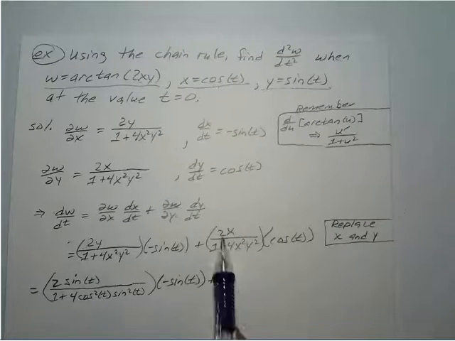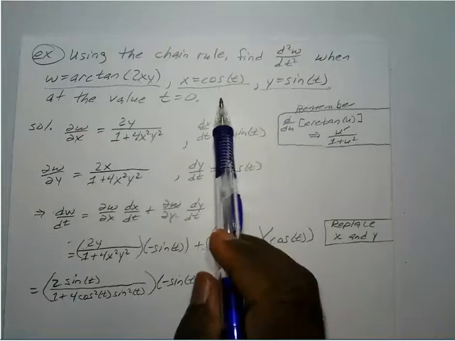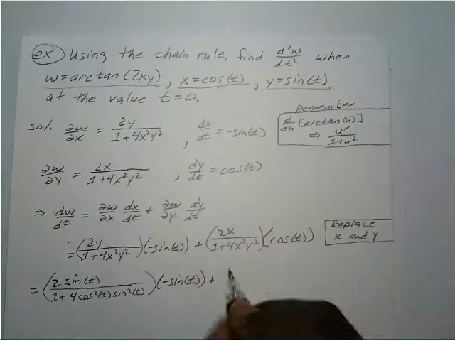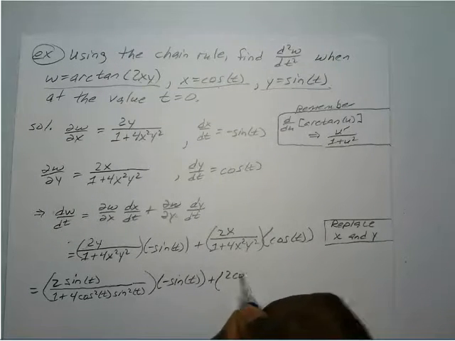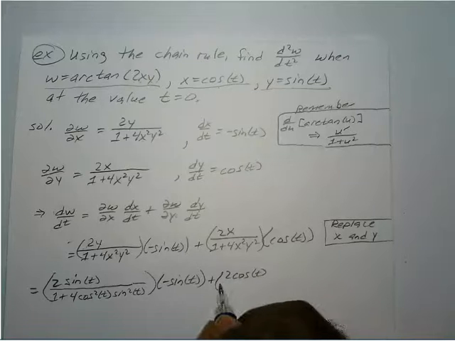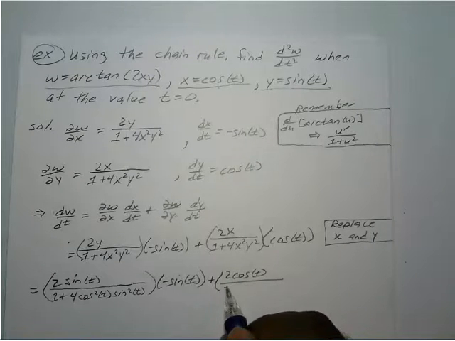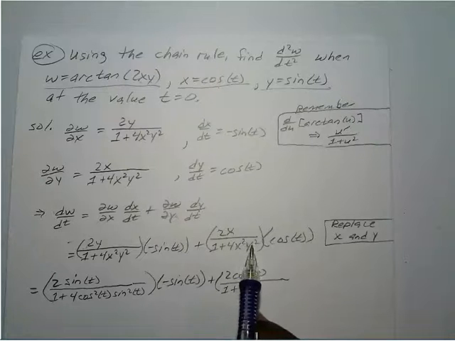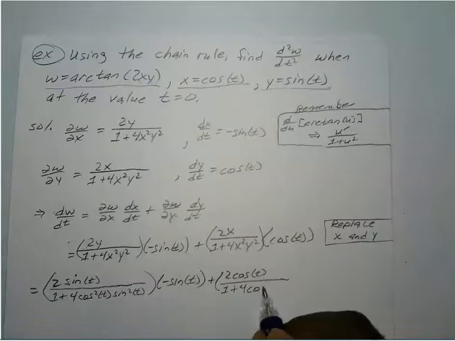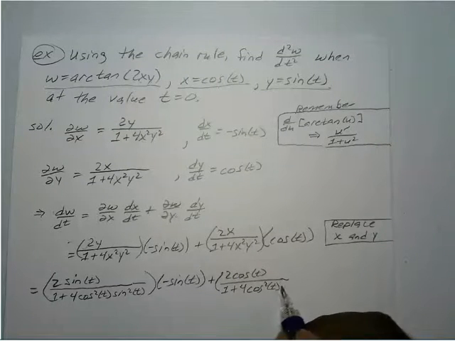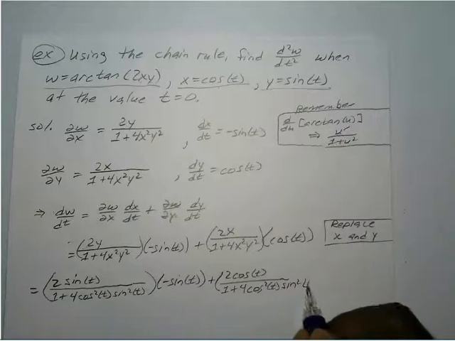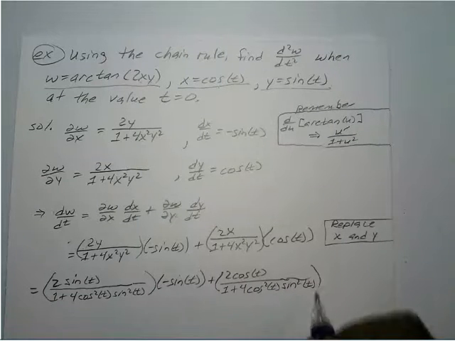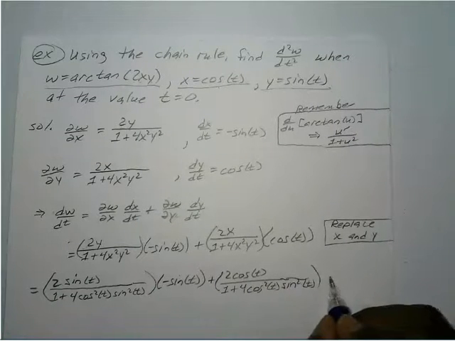Plus, we have 2x, so that's 2 times cosine of t over 1 plus 4 cosine squared, sine squared, times cosine of t.